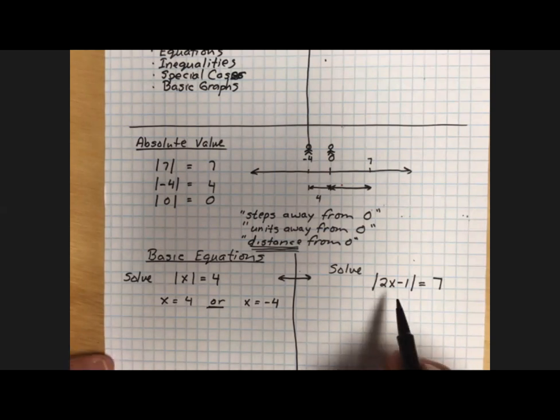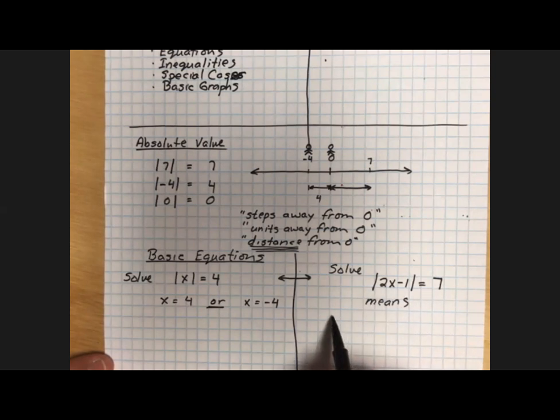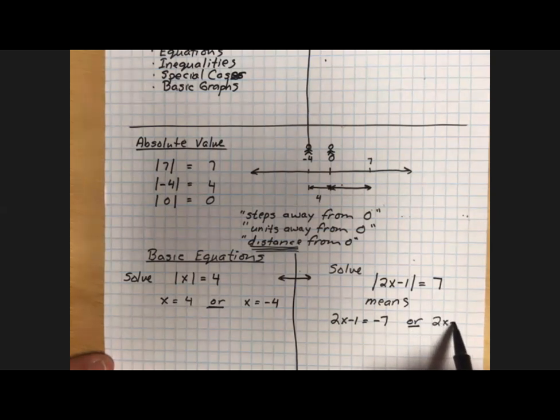The only way to make this sentence true is if either 2x minus 1 is -7, or, special word, 2x minus 1 is +7. And if 2x minus 1 is -7, you win. And if 2x minus 1 is +7, you win. But if it's anything else, you lose.